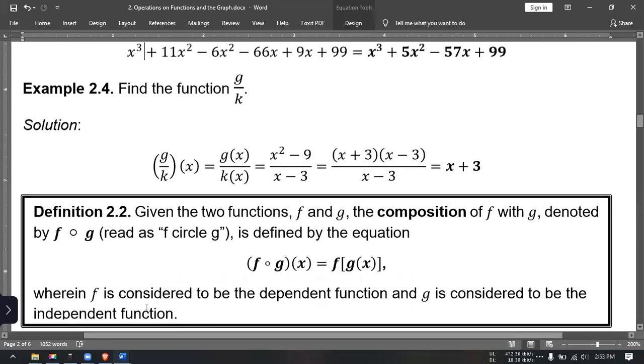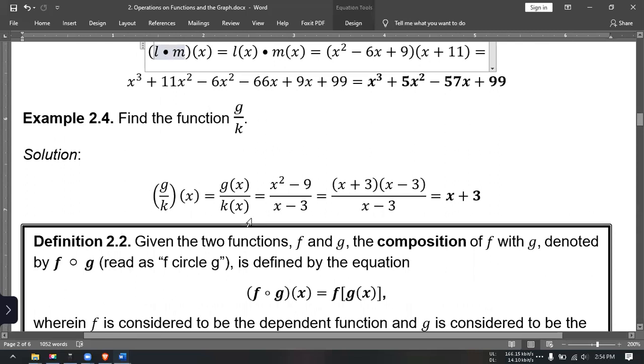So our g is defined as x squared minus 9, and our k is defined as x minus 3. No? Kapag ito lang yung given natin, we cannot identify clearly what is the common factor. But if we were to factor x squared minus 9, yan, magiging malinaw na siya.